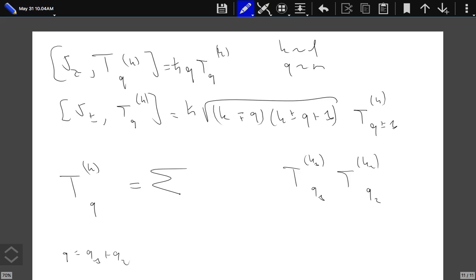And the coefficients appearing there will be nothing but our Clebsch-Gordan coefficients. K1, Q1, K2, Q2, K1, K2, KQ.